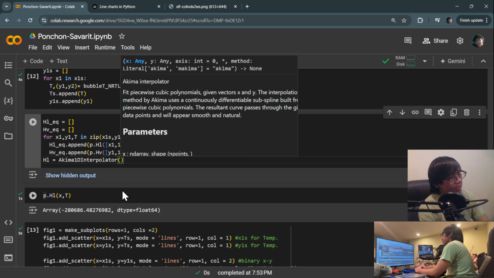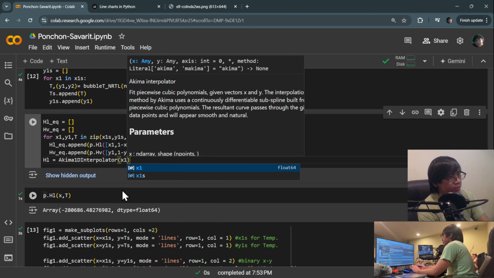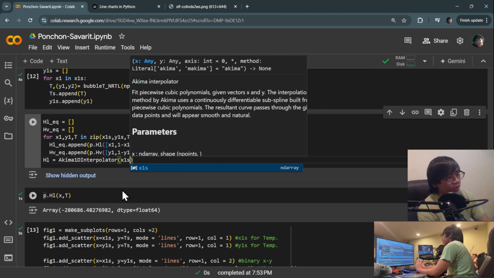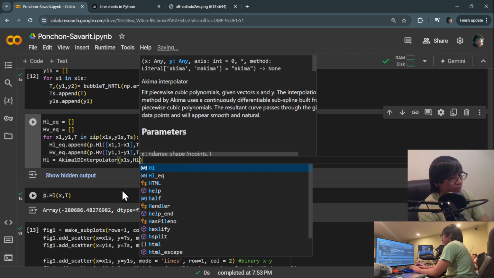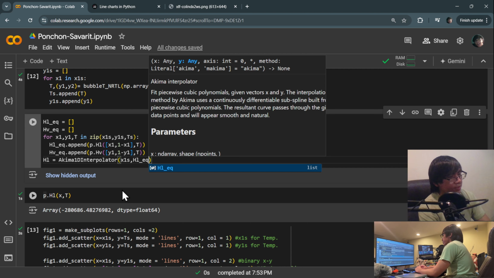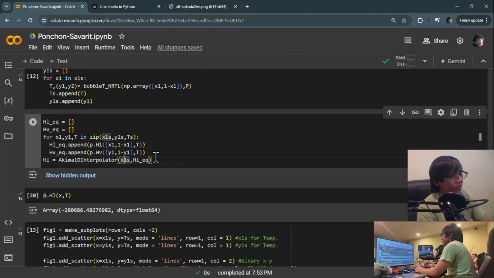So given, liquids take obviously liquid mole fractions. So given an x1, this is based off our x1s, give me a heat of liquid that's in equilibrium with that. Oh, I mean, technically it's not equilibrium, it's the heat of liquid at that, but that's what I named that list.